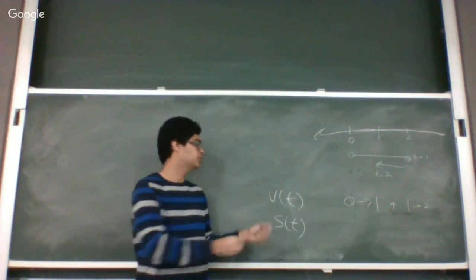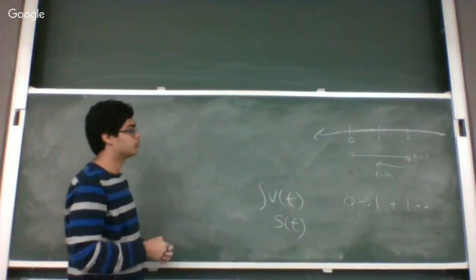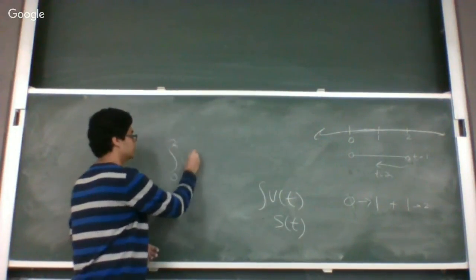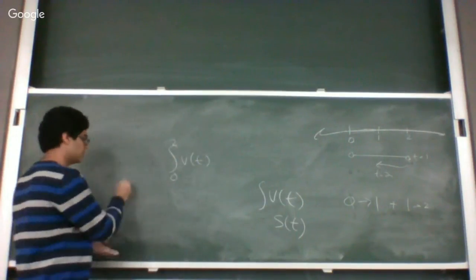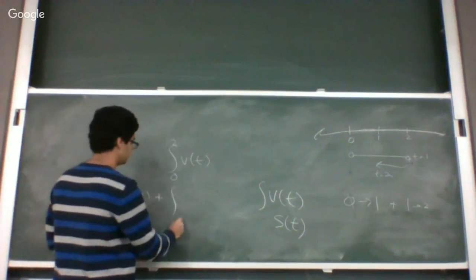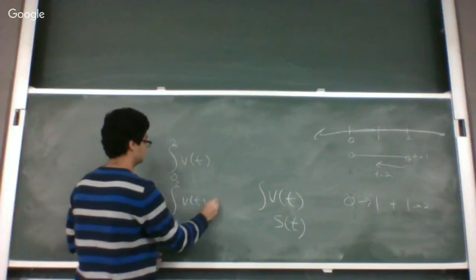So you do integrals. For the total displacement, your integral would just be from 0 to 2 of v of t. For the total distance traveled, you'd have 0 to 1 of v of t plus from 1 to 2 of v of t, dt.